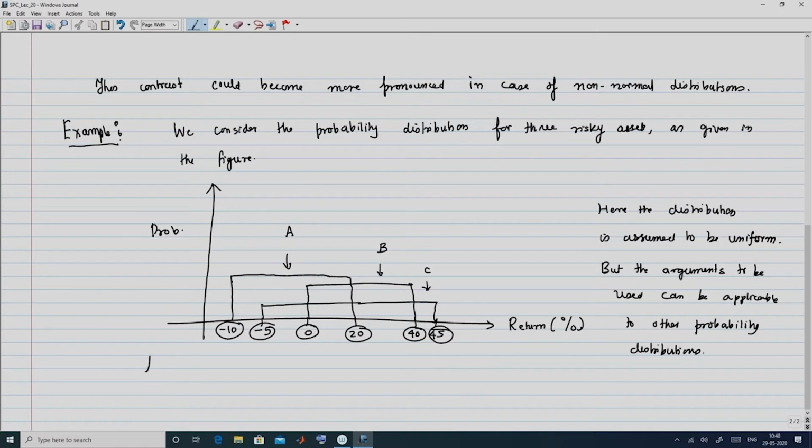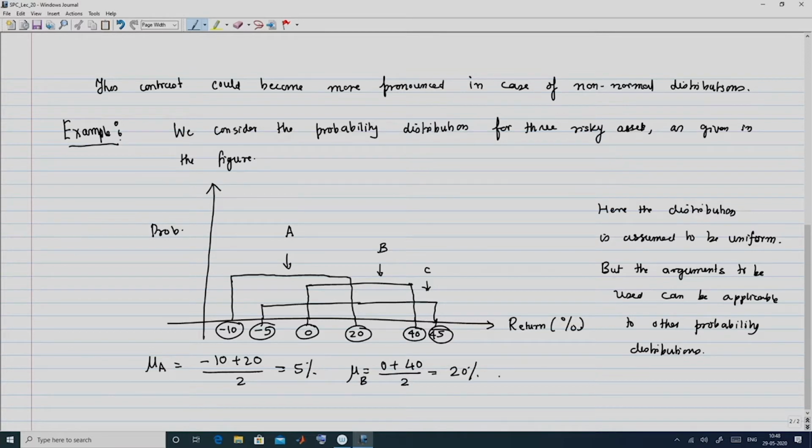So, accordingly, the return on portfolio A is simply going to be (-10 plus 20) over 2, which is 5%. Mu B ranges from 0 to 40. So, this average is going to be (0 plus 40) over 2, which is 20%.